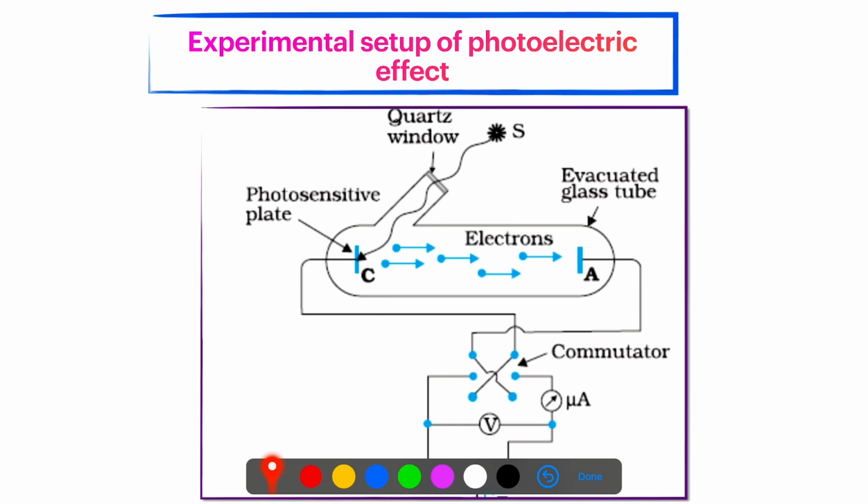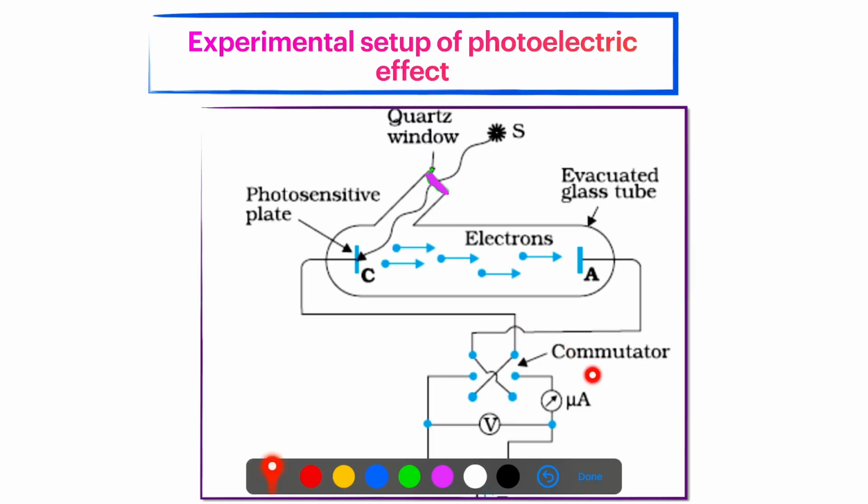They also wanted to see how this photocurrent varies with the frequency and intensity of incident light falling on the plate, by using different color filters at the quartz window through which the light passes directly to the photosensitive collector plate.